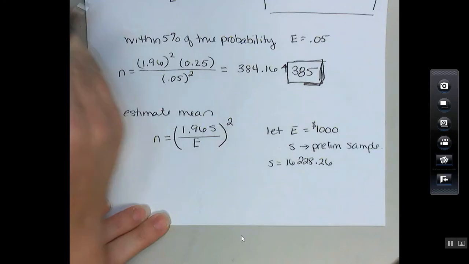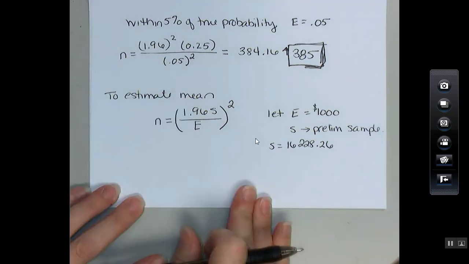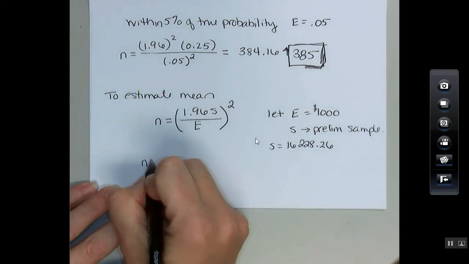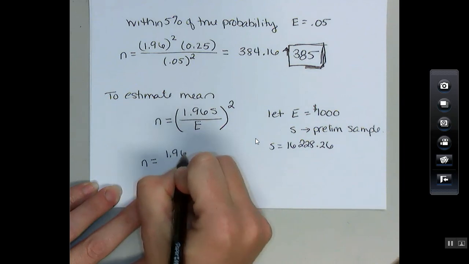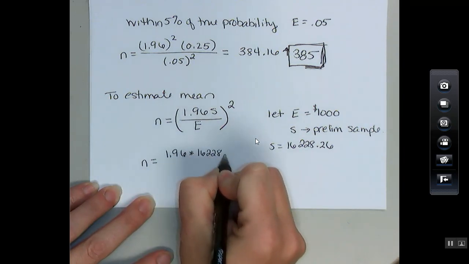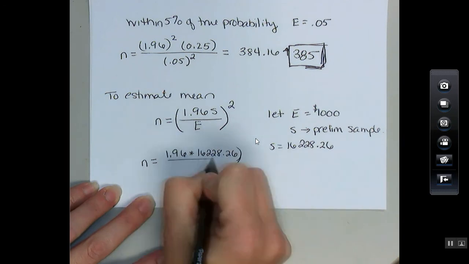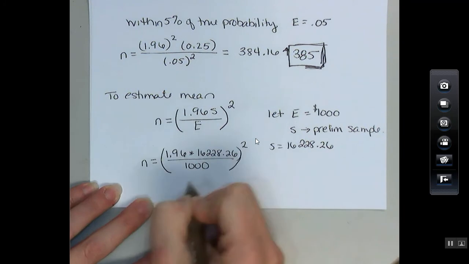And so if we go back to our document camera, we can calculate this. Our sample size N should be equal to 1.96 times 16,228.26 divided by 1,000, and then we're going to square that.